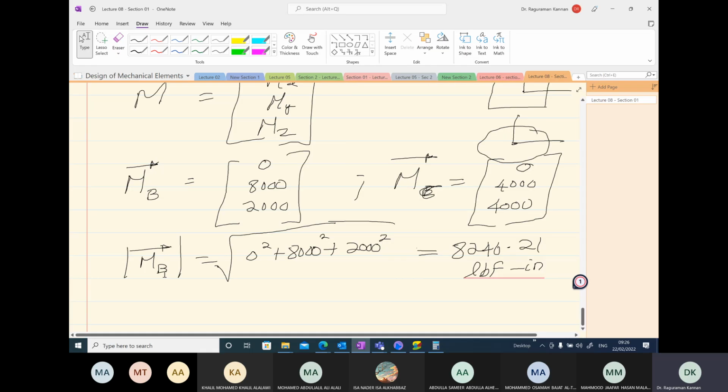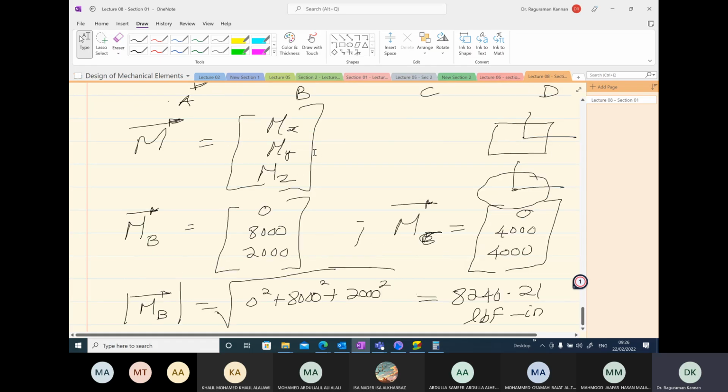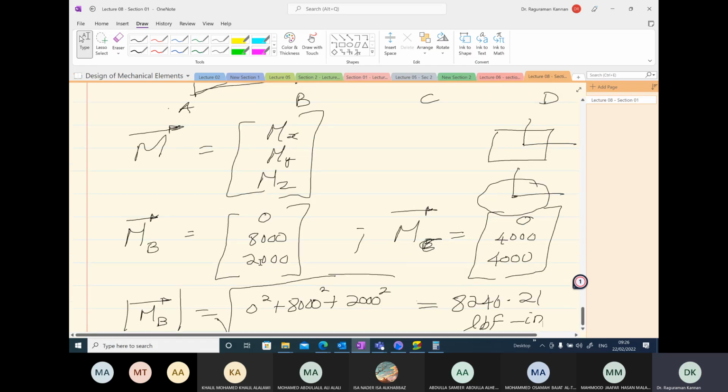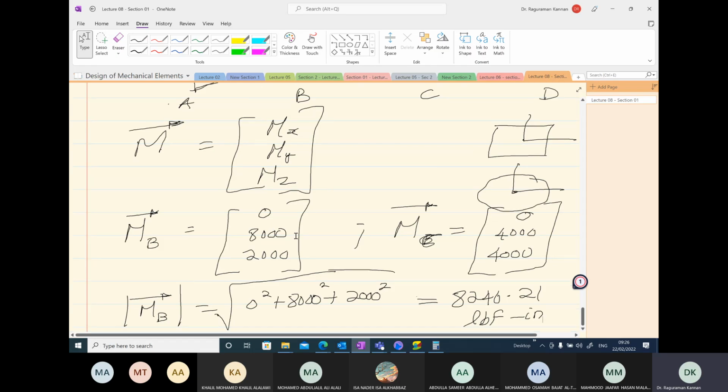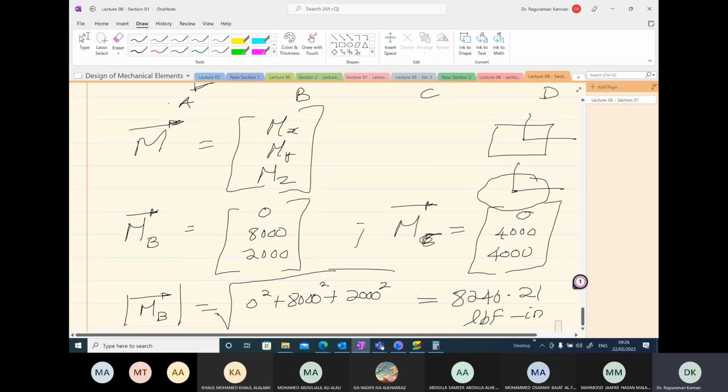But bending moment, we know, is about a certain axis. It could be the x-axis, y-axis, z-axis, or a certain direction. We can find the direction of the axis with respect to a certain axis.